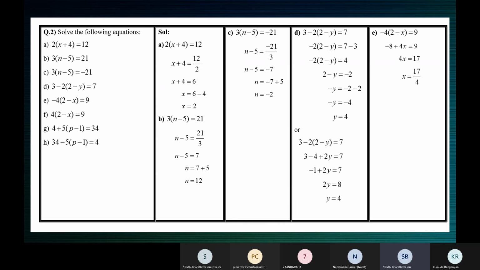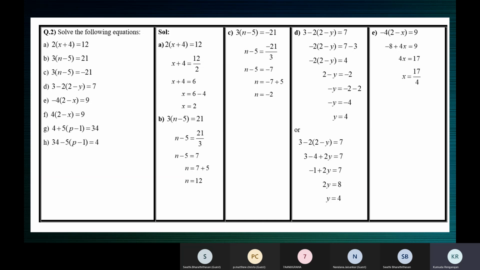What is the first step? How do you get rid of 3 in the LHS? Ma'am, by dividing 3 on both the sides. Yeah, we divide the LHS and the RHS by 3.